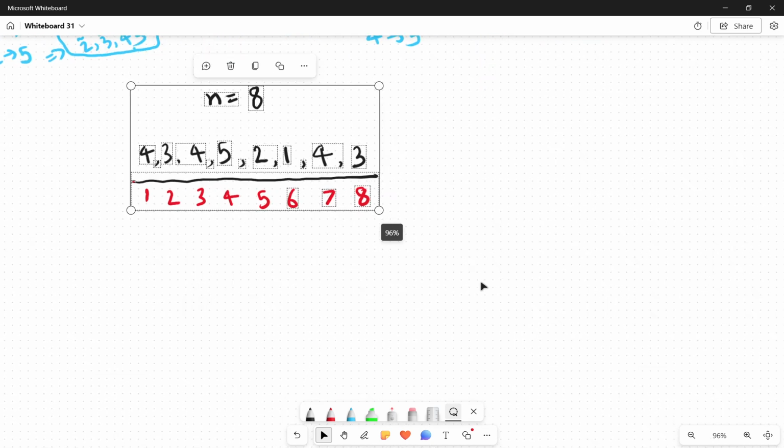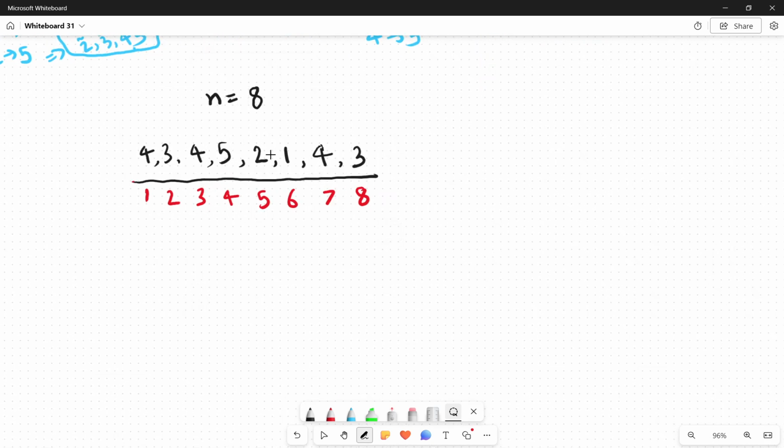Wait, yes. So what I can notice here is that, suppose for some k, let's generalize our logic.